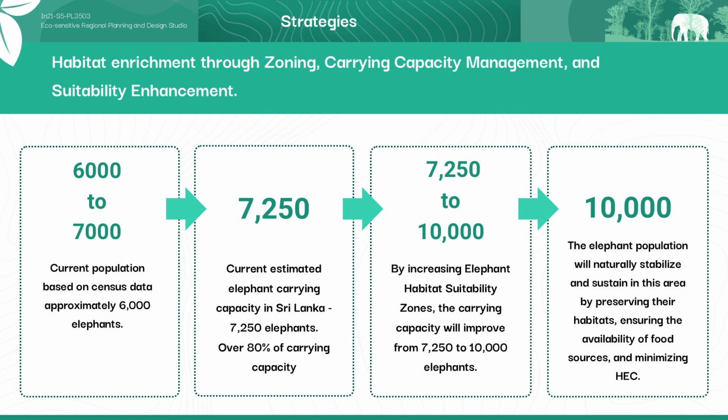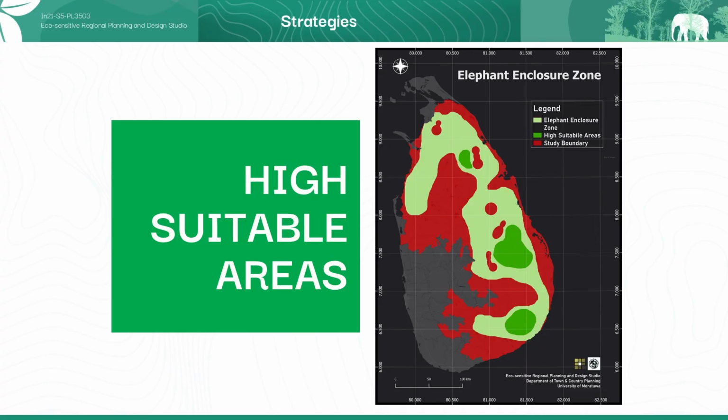Yes, as Ganesha mentions, we are going to increase the carrying capacity for elephants to 10,000 elephants. So the elephant population will naturally stabilize and sustain in this area by preserving their habitats, ensuring food availability and reducing human-elephant conflict. As you can see, the dark green patches indicate the most suitable habitats for elephants located within the elephant enclosure zone.